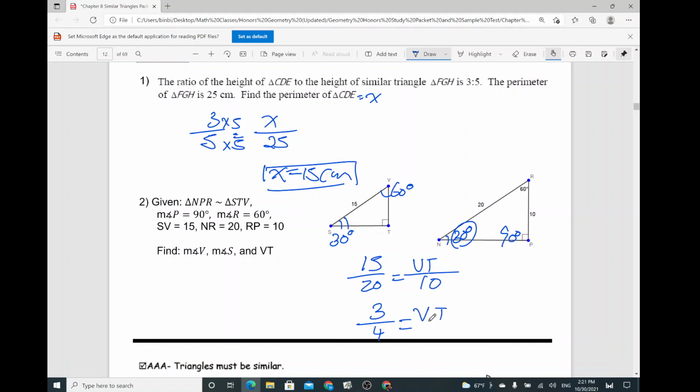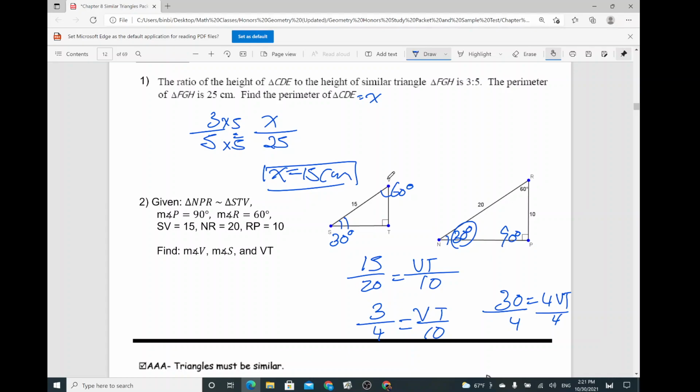So VT over 10, and then cross multiply: we have 30 equals 4 times VT. 30 divided by 4 is not divisible, so just leave it as it is.